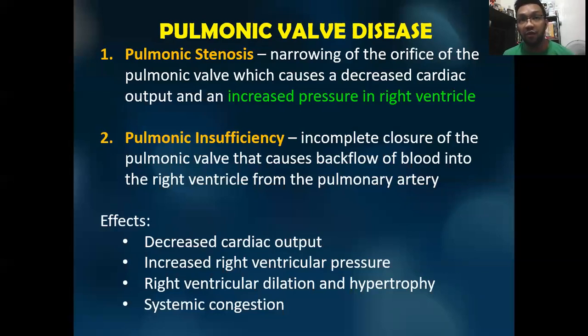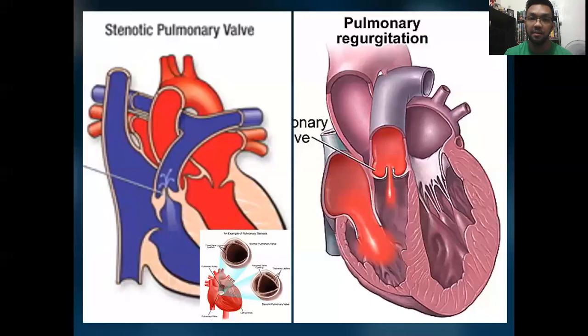The clinical manifestation of ascites is increase in the abdominal circumference. So the patient may appear pot-bellied because of the fluid accumulation in the abdominal cavity. Another will be distended jugular veins and edema of the hands and feet. Those are signs and symptoms of systemic congestion.